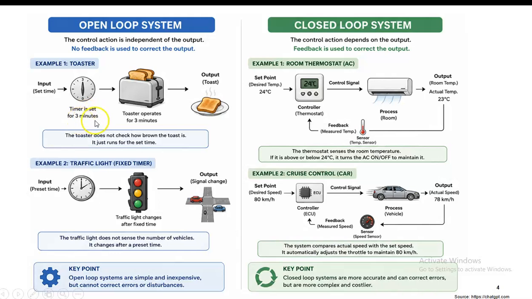Timer is set for 3 minutes. The toaster is operating for the 3 minutes. You will get the output, it's a toast. Here the toaster doesn't check how brown the toast is. It just runs for the set time.